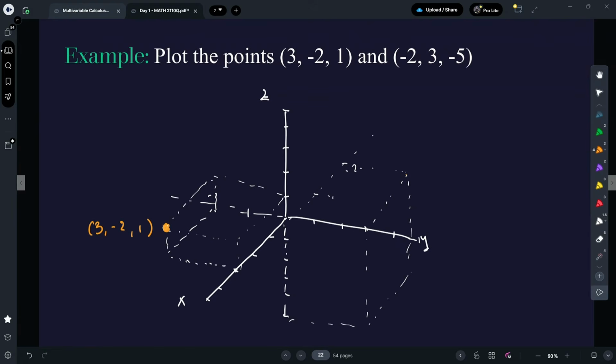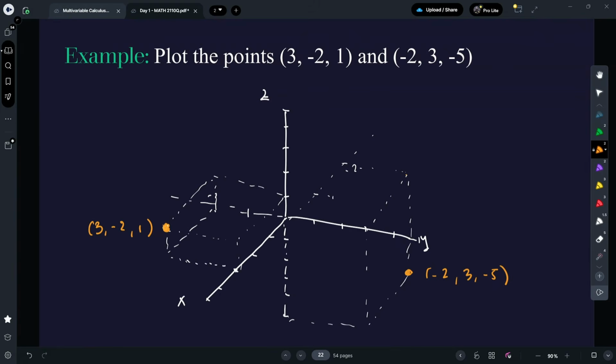Drawing the box allows my brain to imagine where this point is. It's way in the back and way below. So here is minus 2, 3, minus 5. That makes sense?